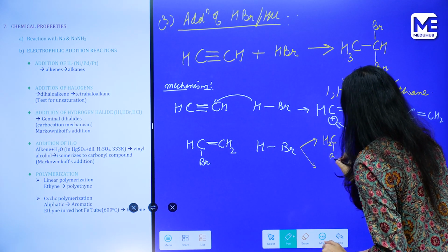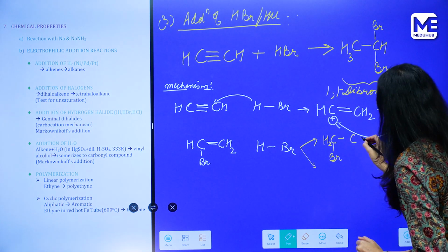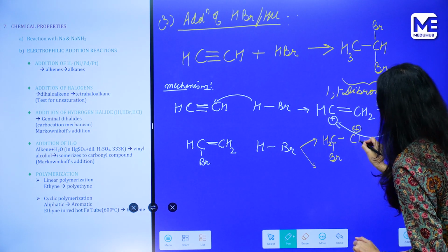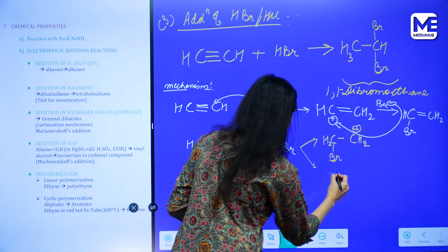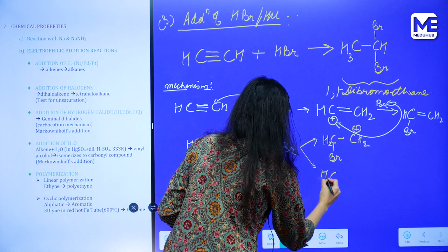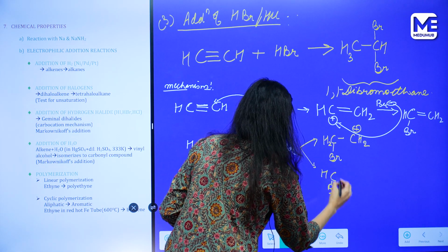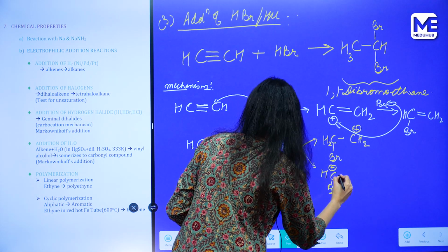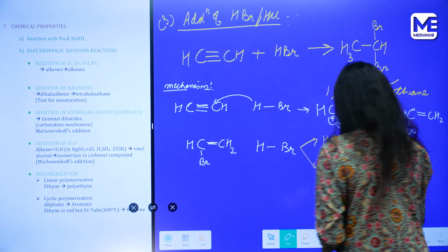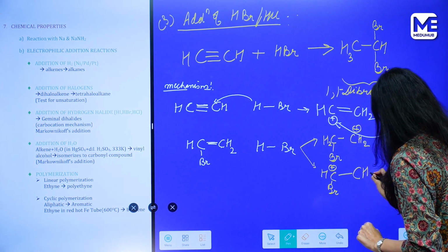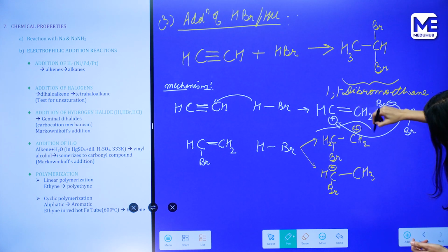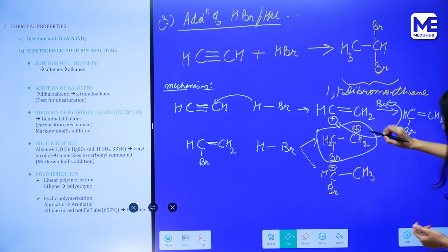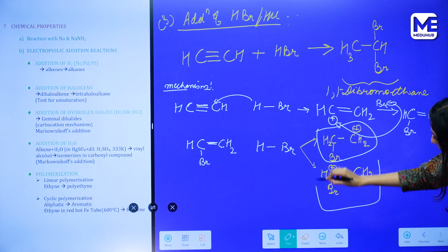If it attacks this carbon, we will have this carbocation here. Or if it attacks the other carbon, we will have this. This is the first one. This is the second one.